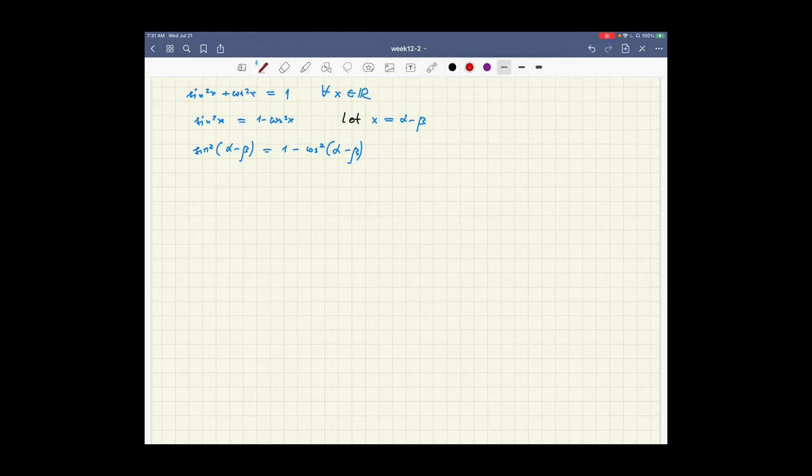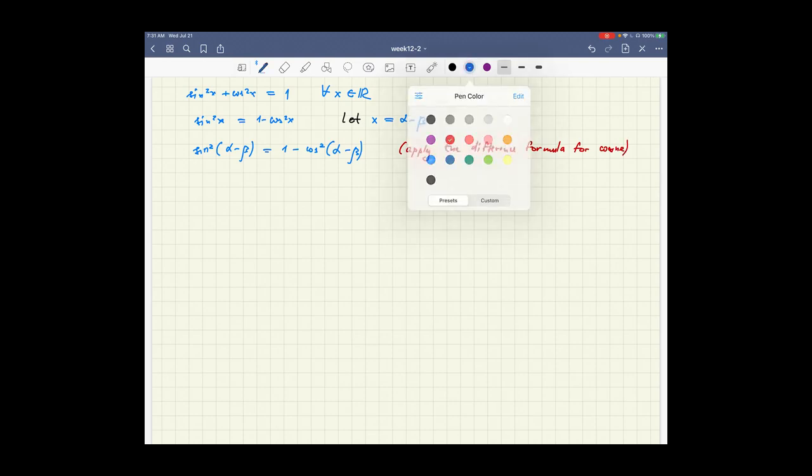And now I'm applying the difference formula for cosine, according to which we have cosine of alpha minus beta as cosine alpha cosine beta plus sine alpha sine beta.